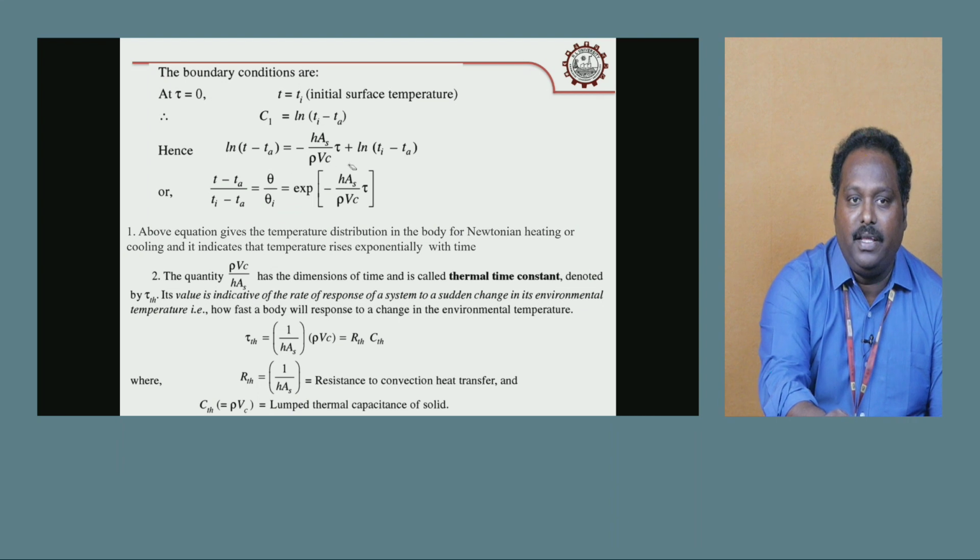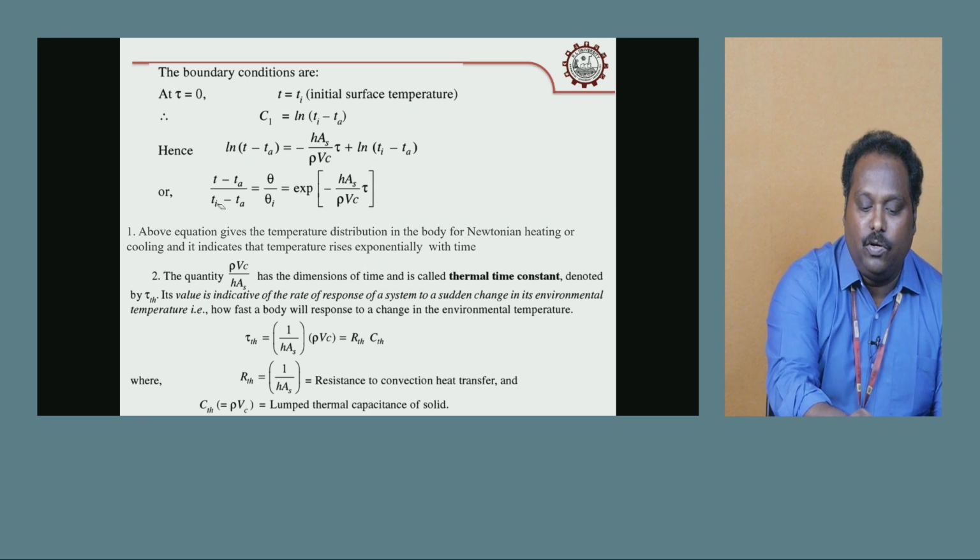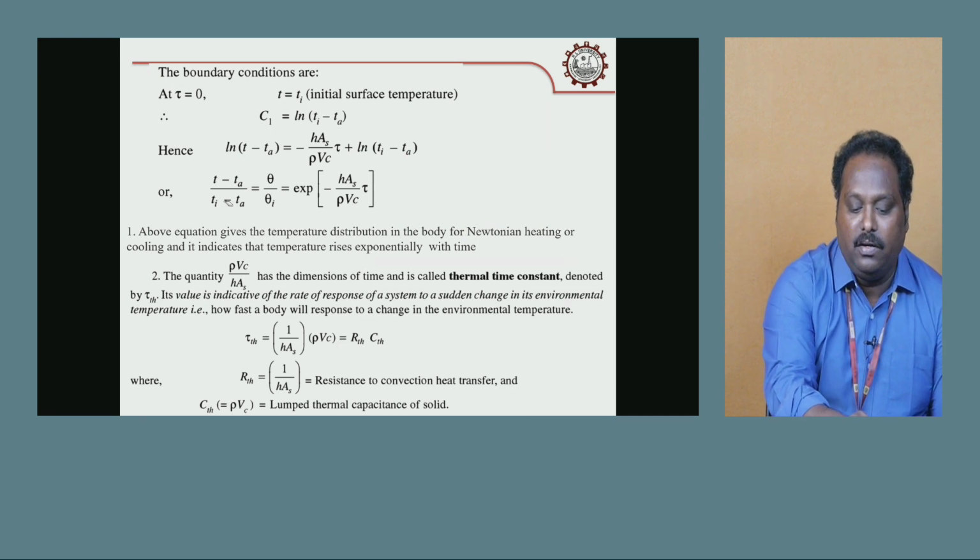Now by rearranging, when you bring ln of Ti minus Ta to this side, automatically by using logarithmic laws, T minus Ta divided by Ti minus Ta is equal to exponential of minus hA by rho V C into tau, because when you remove ln it becomes exponential.